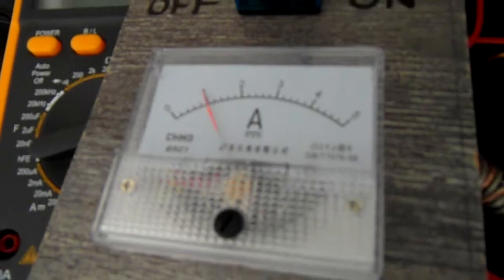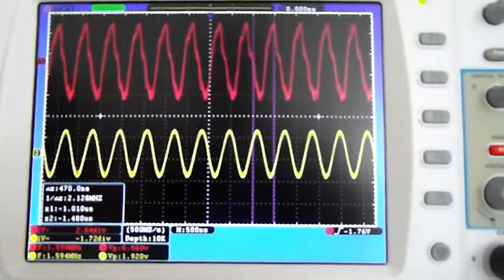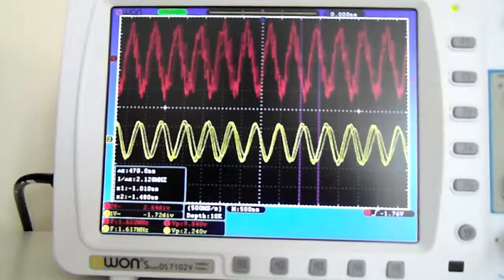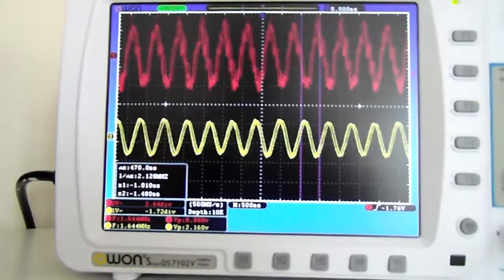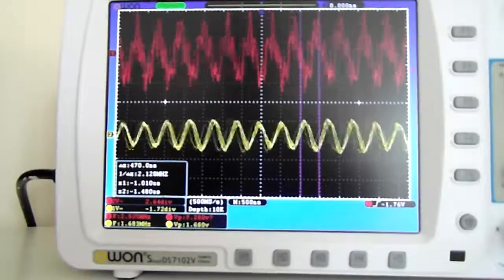The input is 1 ampere, and I thought this one was going to be the right point, but there are interesting points still, and I'm going up the frequency again.